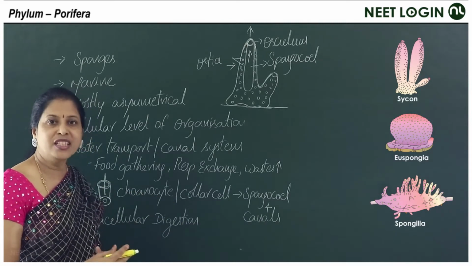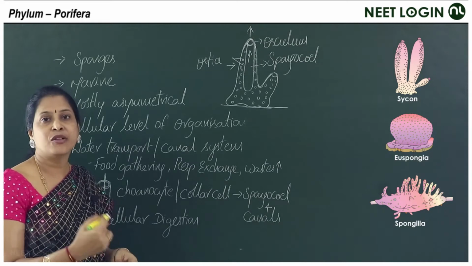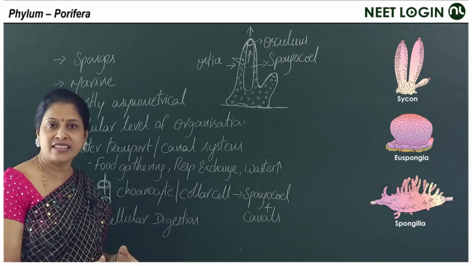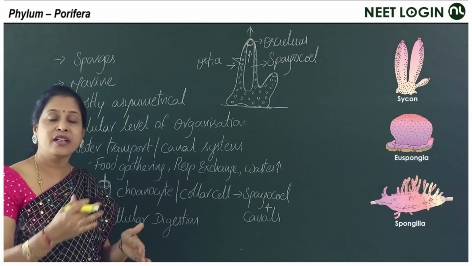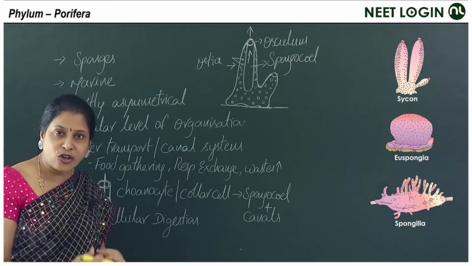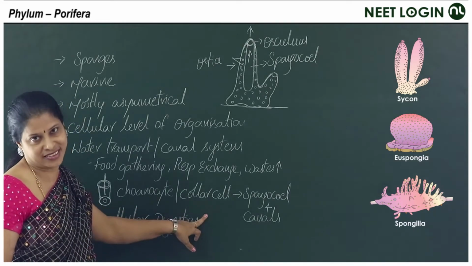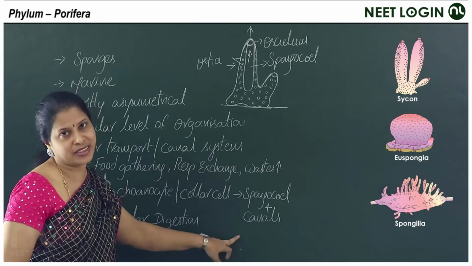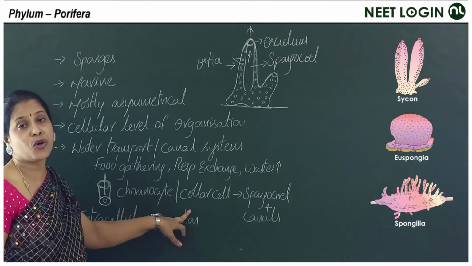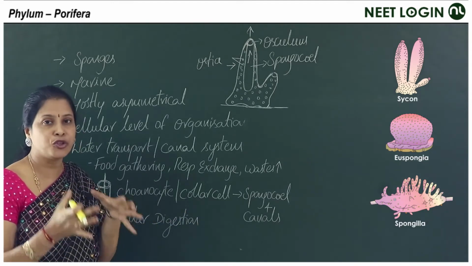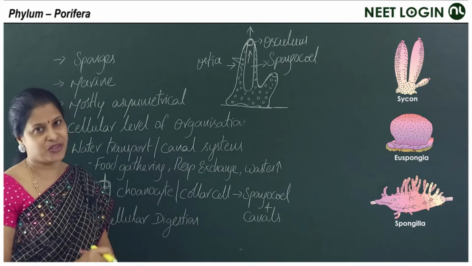It is one of the previous NEET questions: the spongocele or canals are lined by which cells? The choanocytes or the collar cells. They line the spongocele or canals. It's a very important point. What is the spongocele? It is a cavity of sponges.